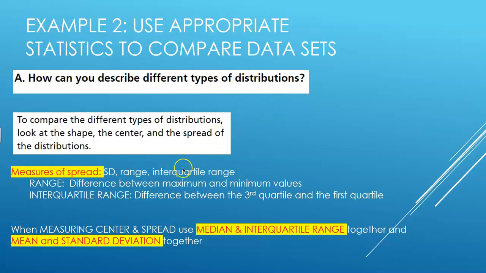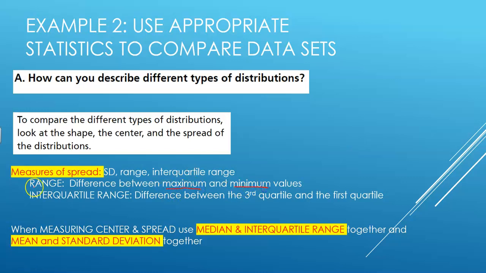And we use them in pairs. When we're measuring center and spread, if we decide we're going to use the median, then we would use the interquartile range. If we decide we're going to use the mean, then we would use the standard deviation with that. Now the interquartile range, this is some measures of spread. We have already talked about standard deviation and range. I think you know that, but just in case you don't, it's the difference between the maximum and minimum values.